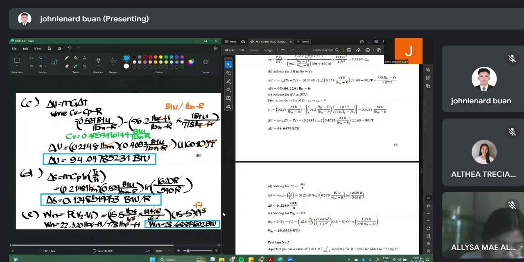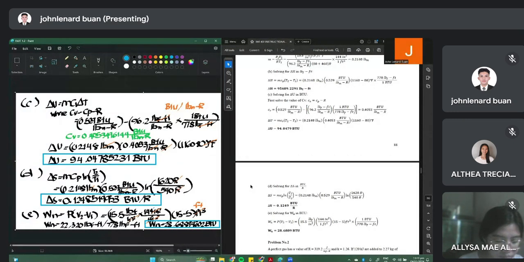So that's how you solve an isobaric process problem, or a problem under isobaric process. Mostly this is also the way you will solve. Again, it's time for you to memorize the following equations under isobaric process.